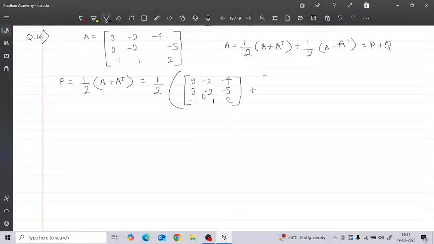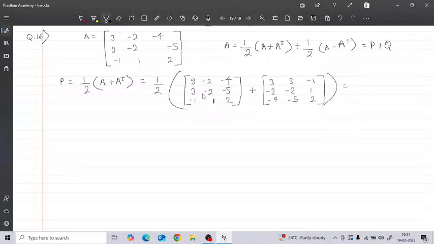And what is A transpose? We have to interchange rows and columns: [3, 3, -1; -2, -2, 1; -4, -5, 2].